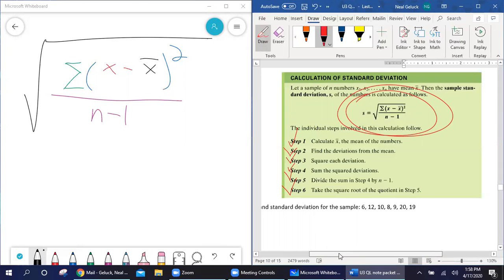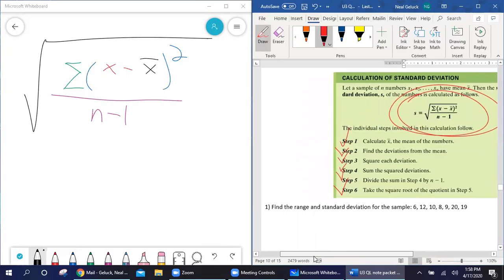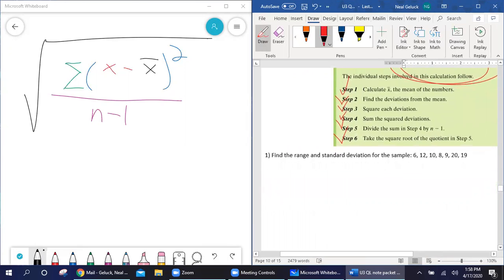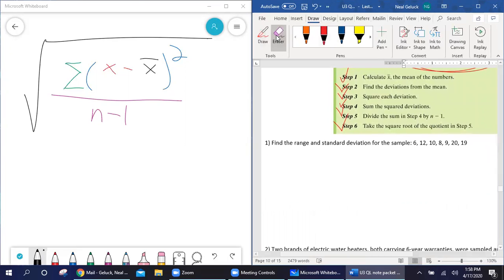So let's try this on example 1 now. I'm going to go through all these steps. Now on this example, because your homework does this too, it also asks for the range. So this is just off to the side. The range is just the biggest number minus the smallest number.